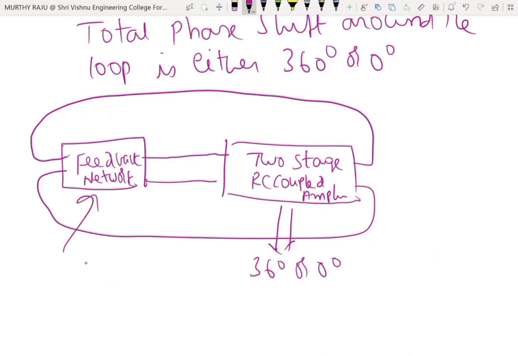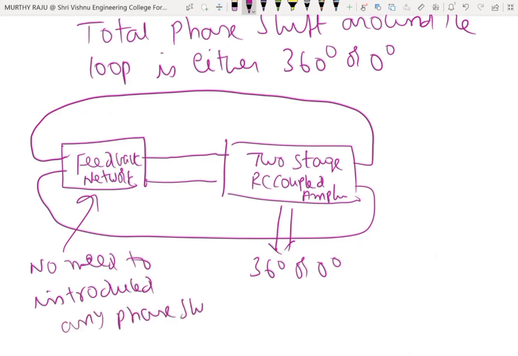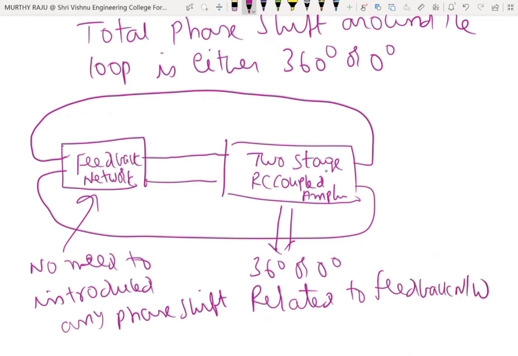But the feedback network has no need to introduce any phase shift, because the total phase shift of 360 degrees is introduced by this two-stage RC coupled amplifier.